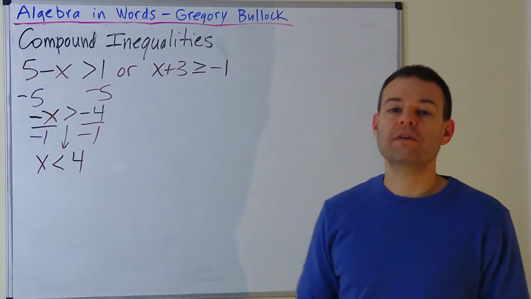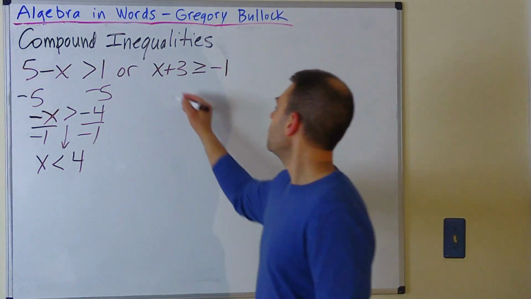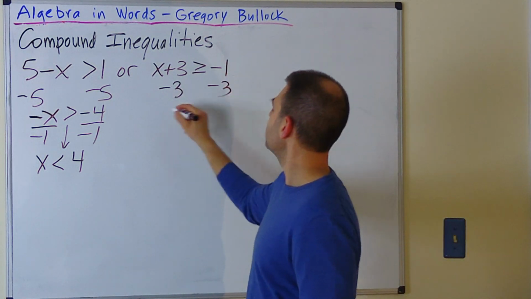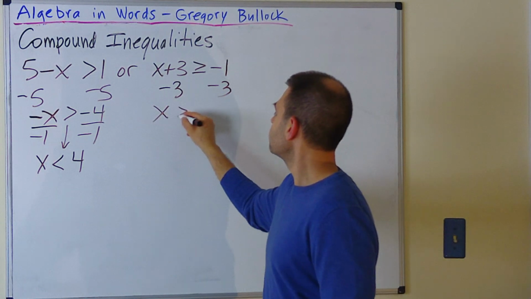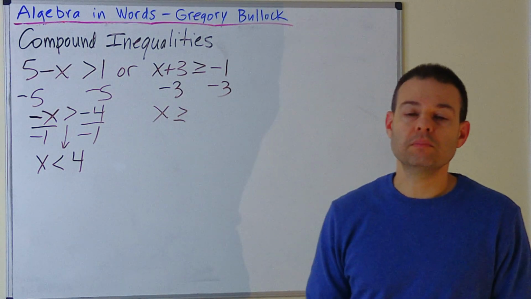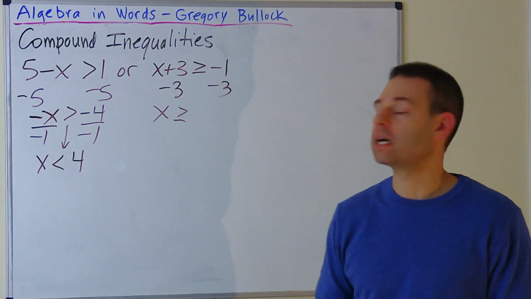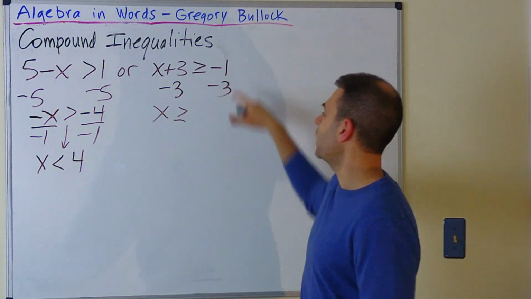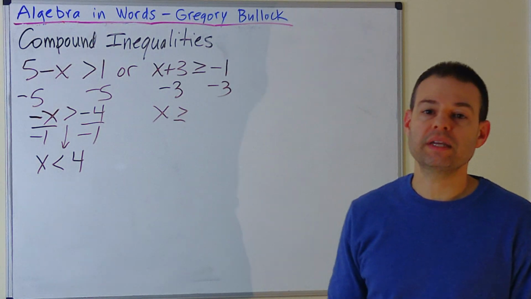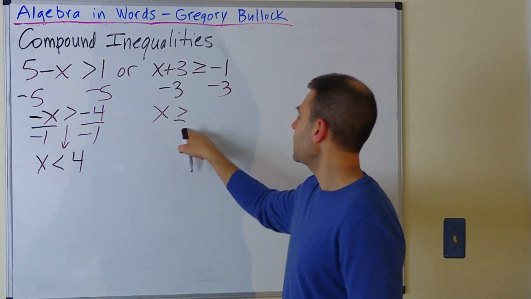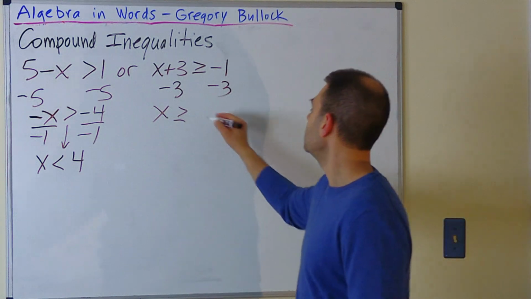And now let's do the same for the other one on the right. Minus 3, minus 3. We do not need to alter the symbol in between because we did not multiply or divide both sides by negative 1. But we subtracted, and negative 1 minus 3 is negative 4. So we get x is greater than or equal to negative 4.